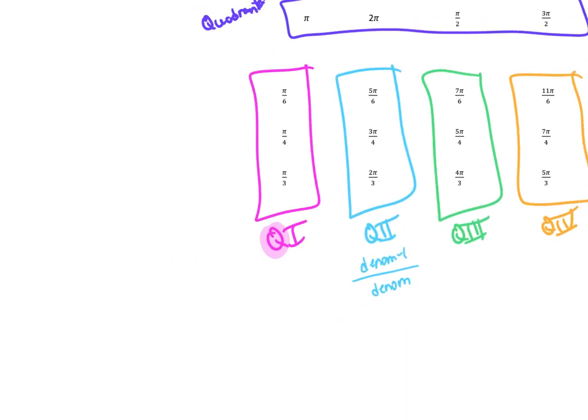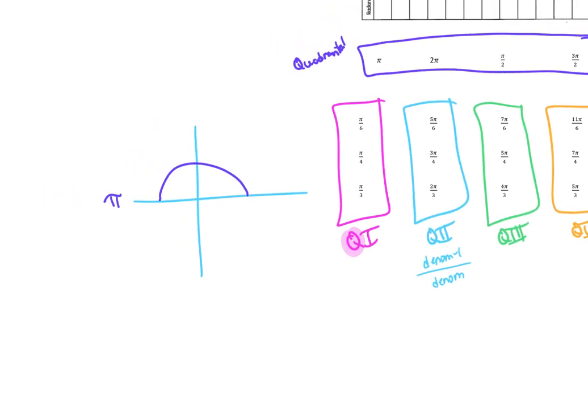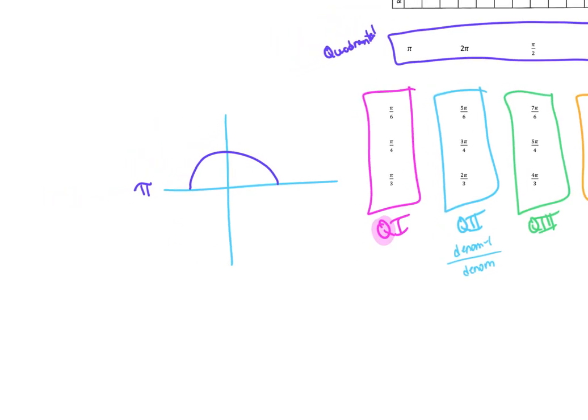And I want you to think about that for a second, guys. It should make sense to you if you think about it. If we rotate all the way around to here, then we're at pi radians, right? Think about all of our common denominators that we would need to have: 6 pi over 6, 4 pi over 4, and 3 pi over 3, right? Okay.